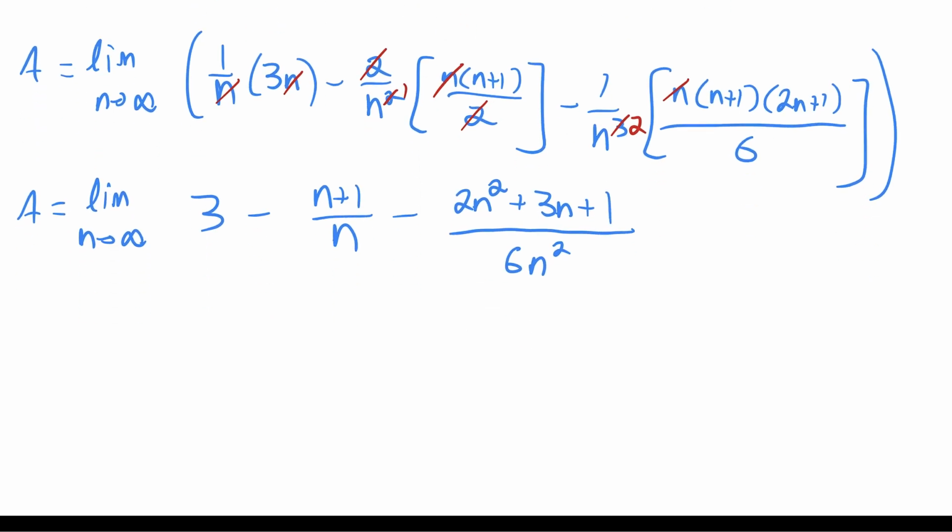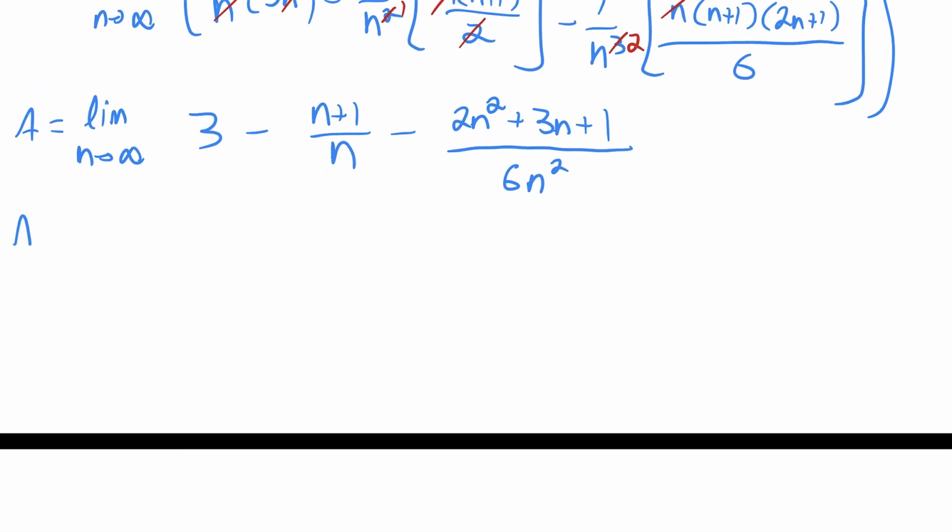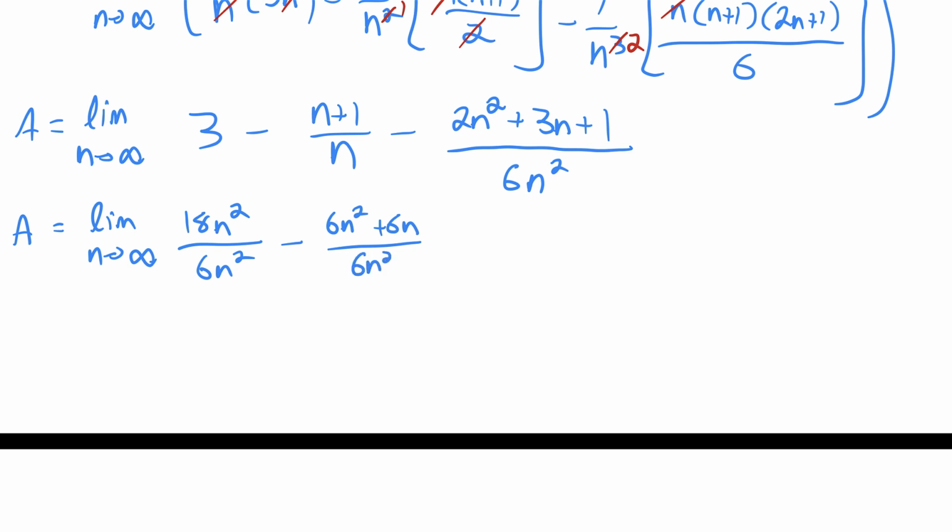And now if I get a common denominator and combine all of these together, my first term, I would have to multiply top and bottom by 6n squared, which would give me 18n squared over 6n squared, minus my second term, I would have to multiply top and bottom by 6n, which would be 6n squared plus 6n all over 6n squared, and then minus the last term.